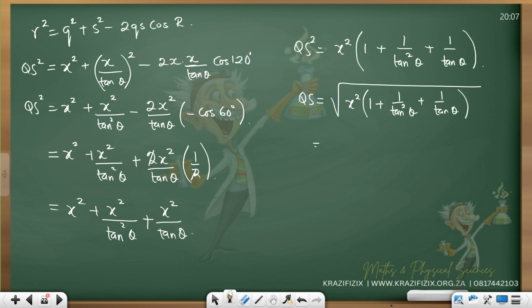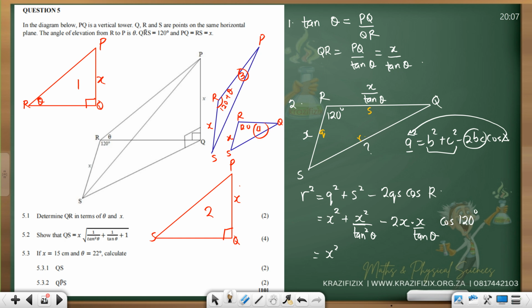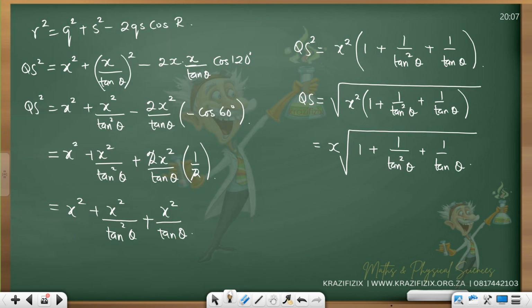What is the square root of x squared? But now I can't find the square root of the other one, so I'm going to leave it like that. And because there's a plus there, is that what they want us to get? It looks like it. 1 second. Ta-da! 1 over tan squared, 1 over tan plus 1. Done.